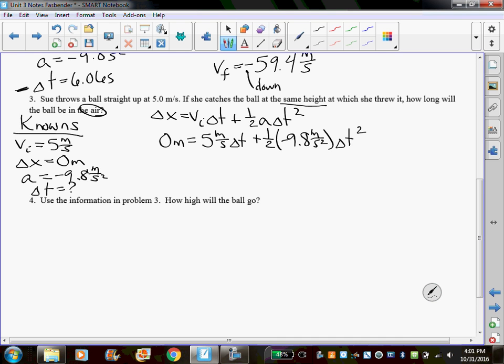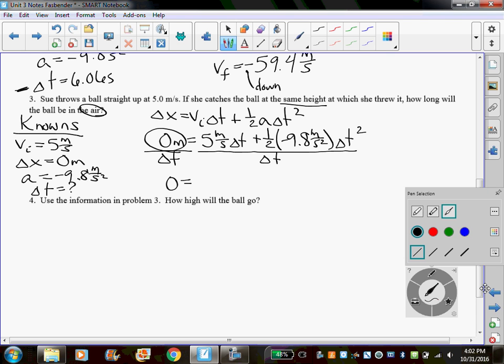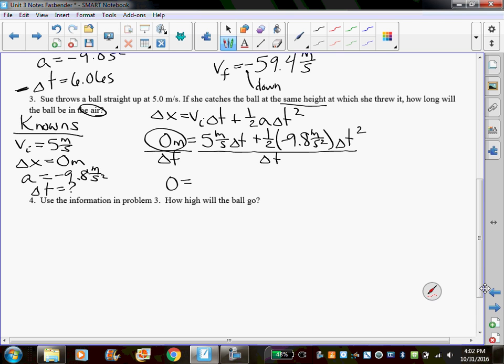However, let's use this 0 to our advantage, because if we divide both sides by delta t, 0 divided by delta t is still just 0. But then when we do 5 delta t divided by delta t, this delta t goes away.